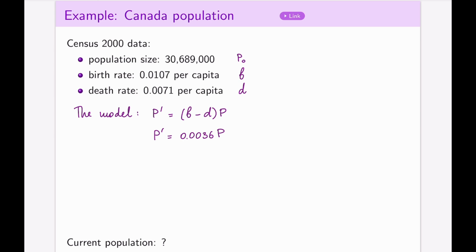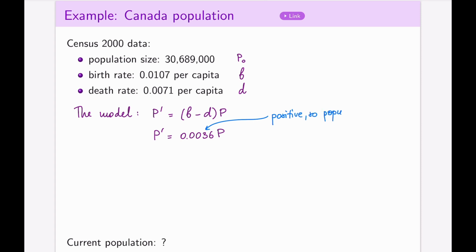I already have my model, but before we move on to talk about the solution to it, it is important to make certain observations, at least to figure out if what we have makes sense in terms of our context. So take a look at this number here, 0.0036. One very important thing to notice about this number is that it is positive, which means that the population is actually increasing.